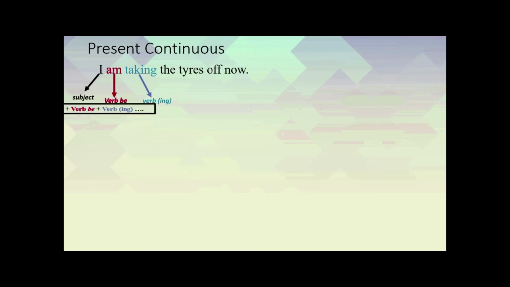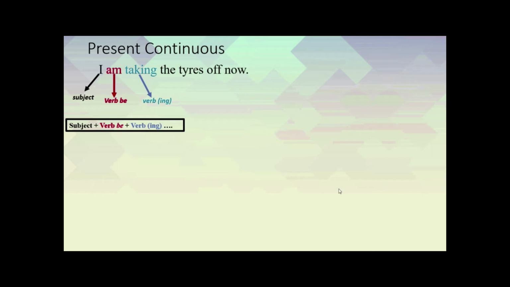We'll start with the present continuous. I am taking the tires off now. So you can see that we have the subject, the verb to be, which depends on the subject, and then the main verb with ing. So we have subject plus verb to be, and then the verb with ing.